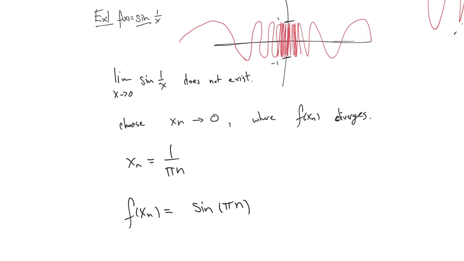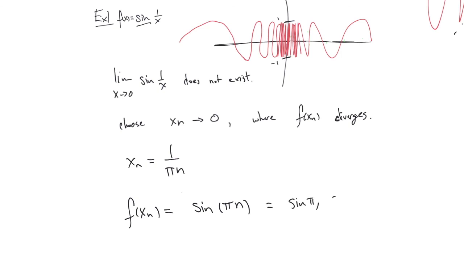Okay. Now I wanted to choose this so that when I plug it into the f, the sequence diverges. Does that diverge, sine of pi n? Actually, it doesn't. What are those values? That would be sine of pi, sine of 2 pi, sine of 3 pi. Any calculus masters out there? Trigonometry masters? What are those?